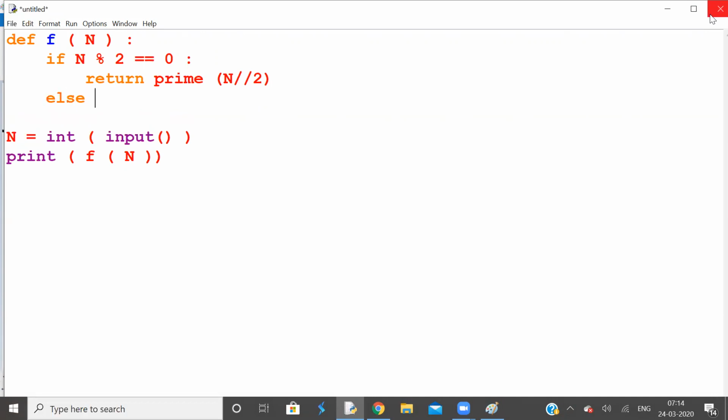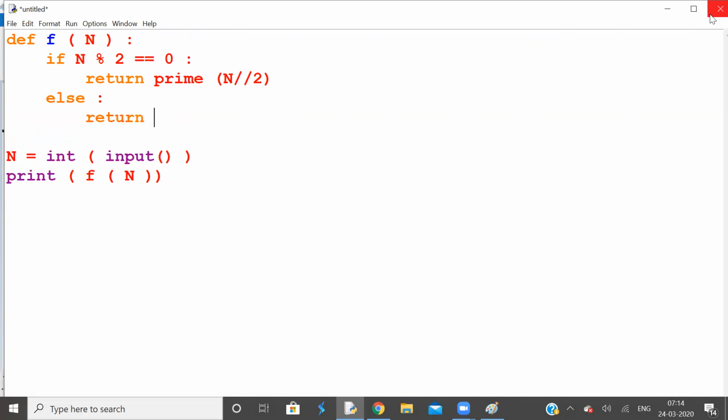Else return Fibonacci n by 2 plus 1. Now you need a prime function and a Fibonacci function.